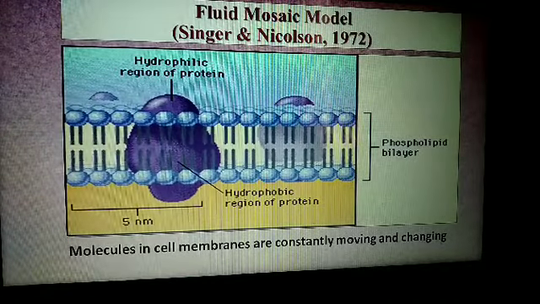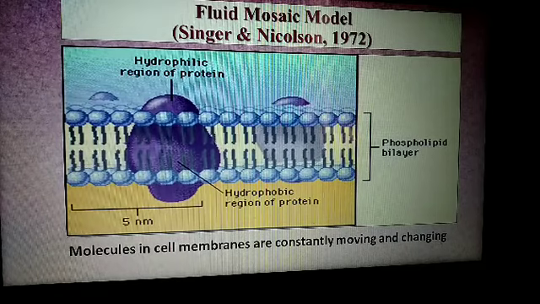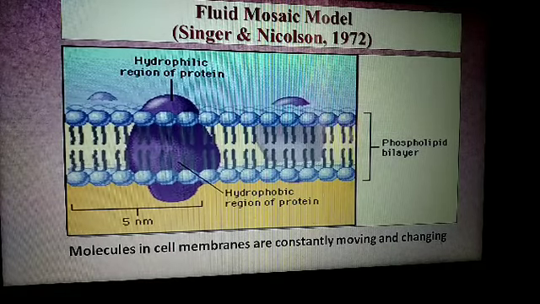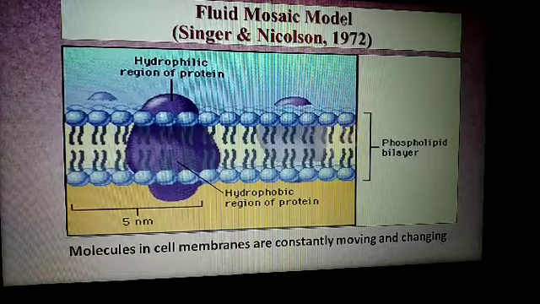Till now we have many models regarding the structure and the complexity of the cell membrane. But the best and the most widely acceptable model of the plasma membrane or cell membrane is the fluid mosaic model, which was given by Singer and Nicolson in the year 1972.